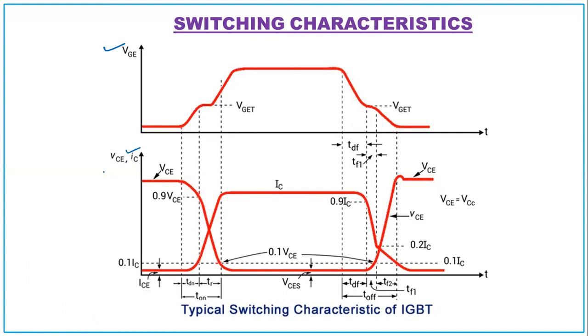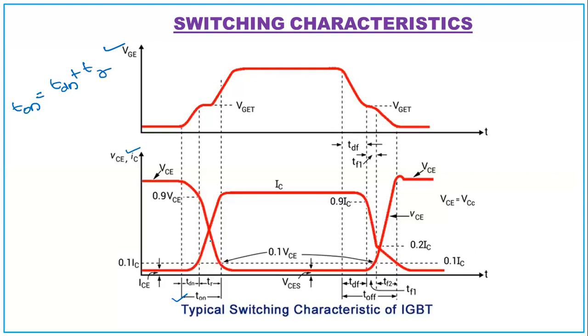Turn on time, T on, is composed of two components: T on will be equal to TDN plus TR. TDN is the delay time and TR is the rise time.